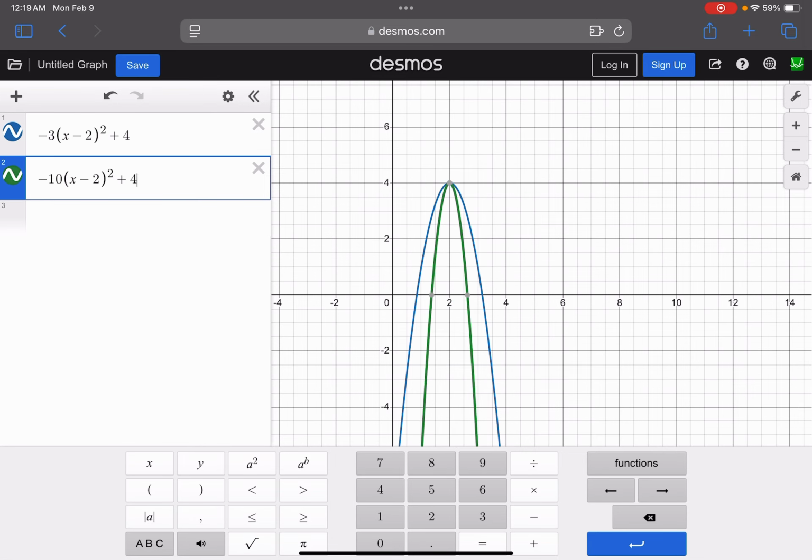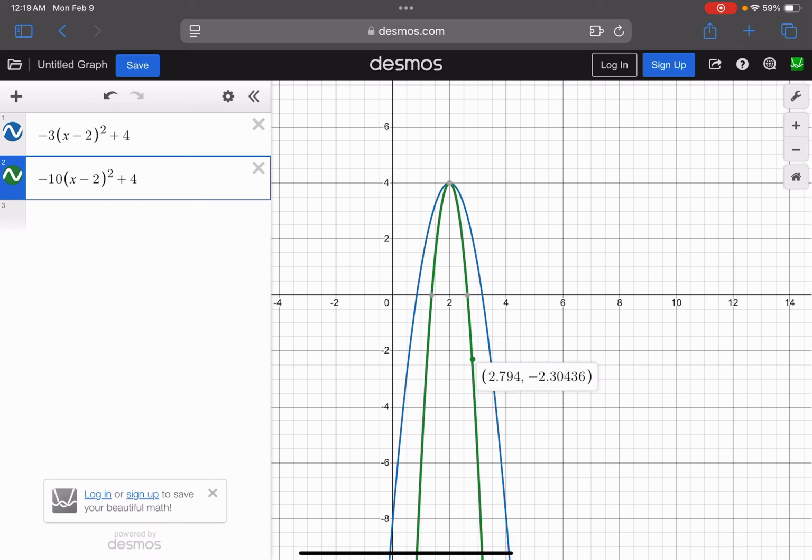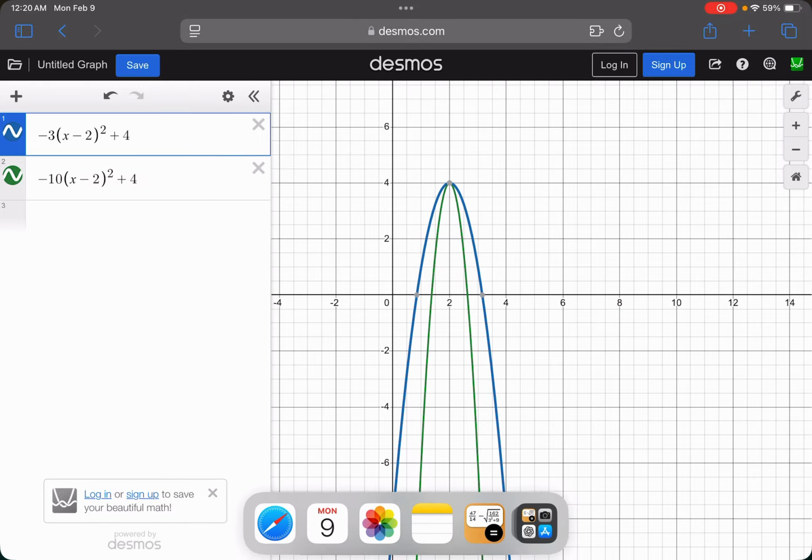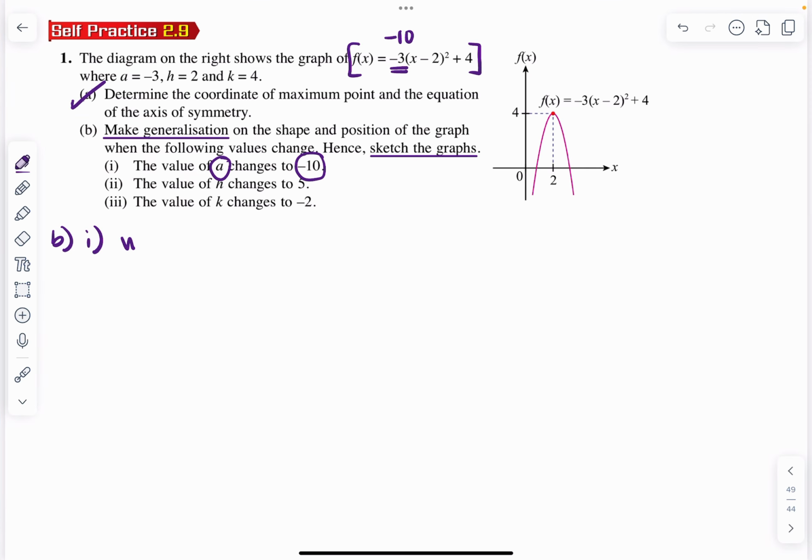Plus 4. Okay. So this is our new graph, the green color one. So as you can see, the graph has become narrower. That means the width has become smaller compared to the original blue graph. So we can say the width of graph has reduced.